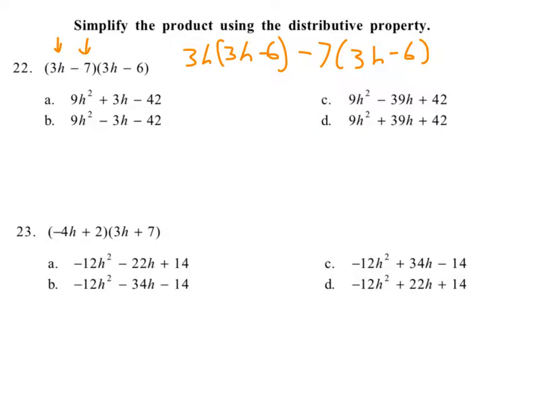So we do 3h times 3h is 9h squared. 3h times negative 6 is negative 18h. And then negative 7 times 3h is negative 21h. And negative 7 times negative 6 is positive 42.